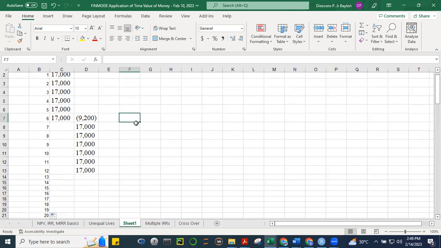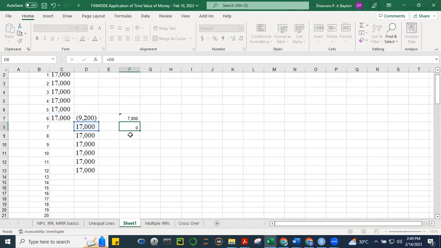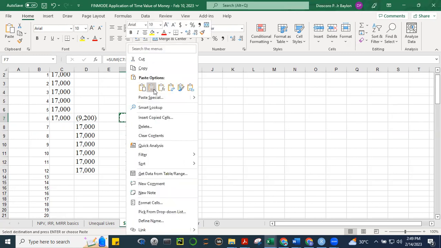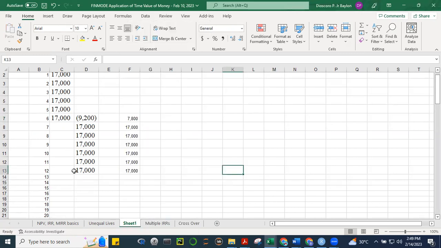So if I add this, what happens now is this will be repeated. What will happen is we repeat that cash flow for 120 years.